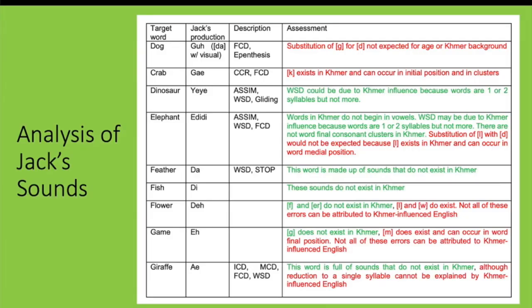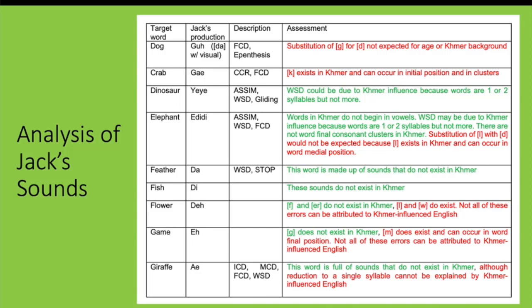And then I want to go through and analyze Jack's word production. So here was an English tool that we used. We're not using norms, we're just using qualitative data. And now we want to analyze Jack's production. So we're going to look at the target words. We'll look at how he produced them, and then we need to make a decision about whether those patterns that he's using are due to influence from Khmer or whether they aren't and they don't make a lot of sense.